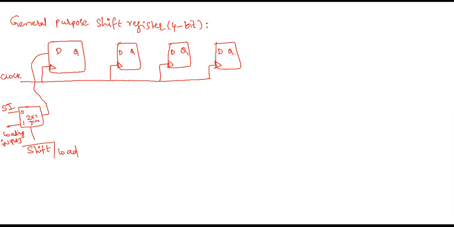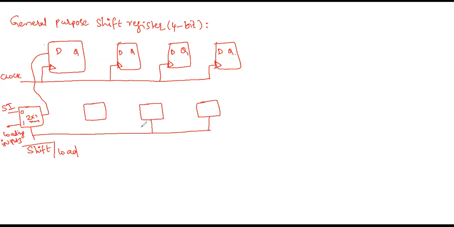So construct these 3 more because we have 3 more D flip-flops. So construct this 2 by 1 mux for each D flip-flop. For each D flip-flop we are using one 2 by 1 mux. All are having the same selection line, shift bar by load.